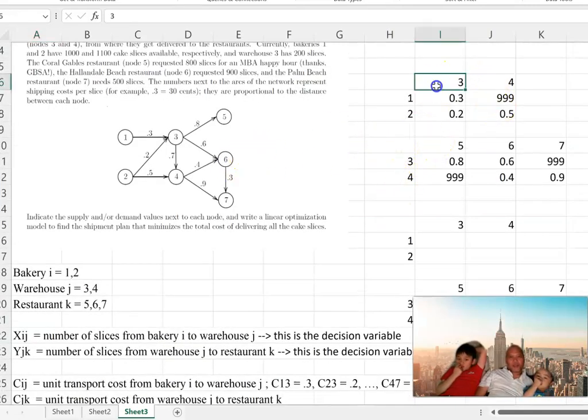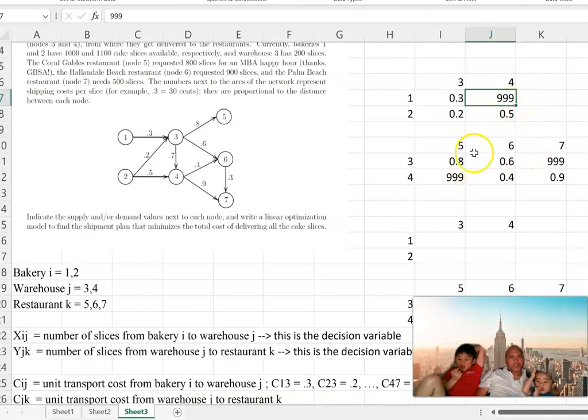The first thing that we are going to do is make the problem simpler for us. We put the costs in here per slice. From 1 to 3 is 30 cents, but from 1 to 4 is impossible, so we're going to put in a big number. I'm going to put 999 here, which is much bigger than 30.3, so this should work.